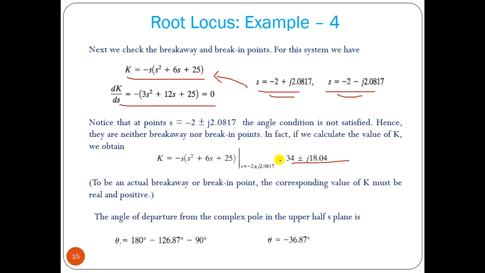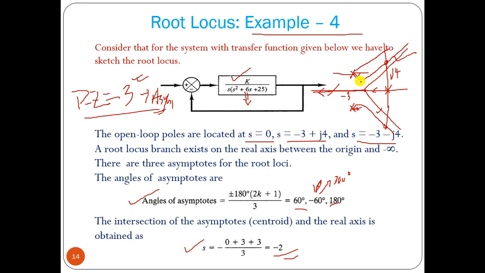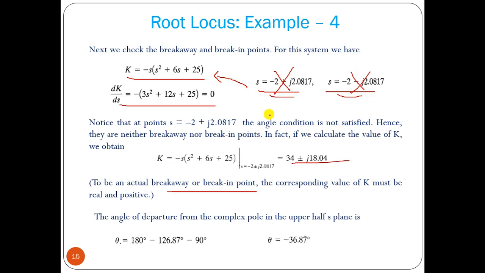Complex means it is not a valid breakaway point, so these 2 points are not valid breakaway points. By putting the s values from the roots of dk/ds equal to 0 into the k equation, the value should be positive, not complex. So there is no valid breakaway or break-in point. That is the point we can observe from here, but we can find out and check.